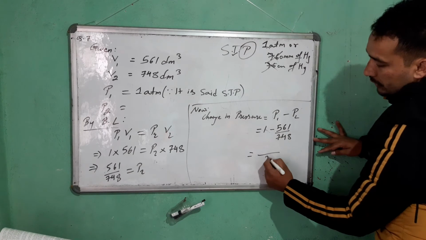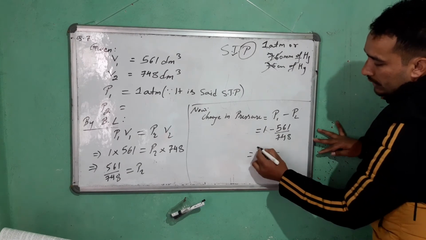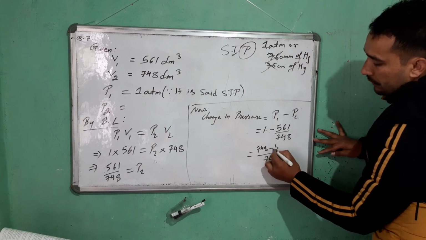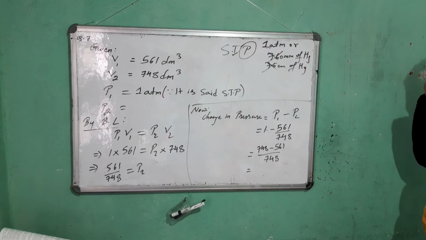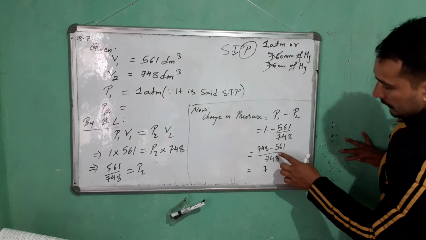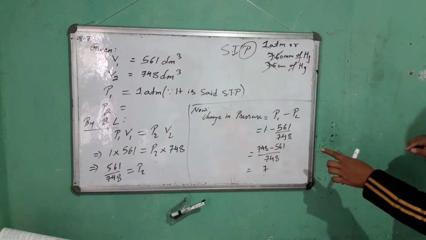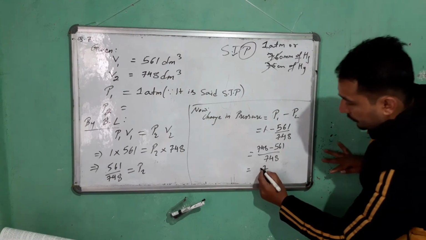If you do the LCM, 748 is the LCM. This will multiply here. 748 into 1 is 748 minus 561. If you subtract this, 8 minus 1 is 7, 14 minus 6 is 8.